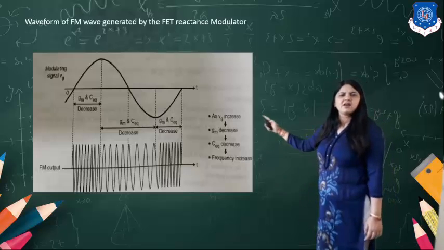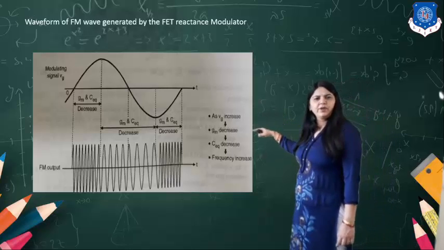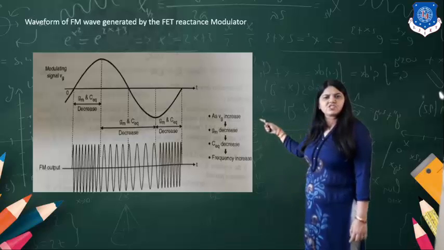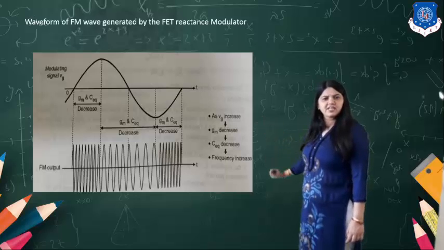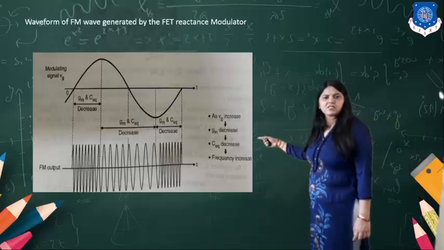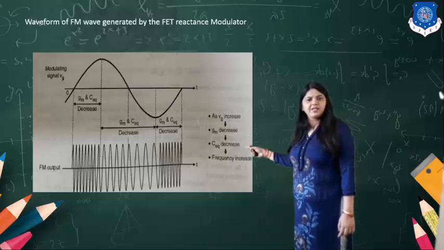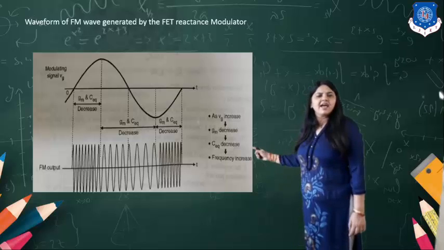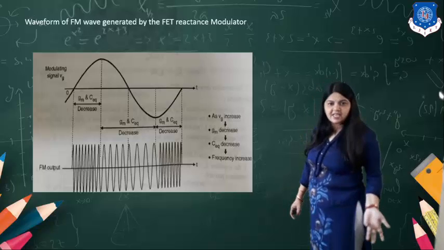Similarly, this is the waveform. You can see the modulating signal. As the Vg increases, the Gm value decreases. As the Gm value decreases, the C equivalent value decreases, and as the C equivalent value decreases, the frequency increases.